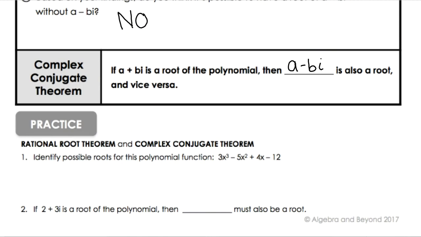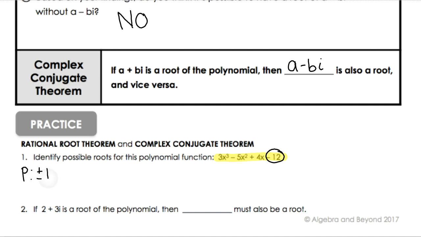So let's look at 2 examples of that here real quick. The first one says identify the possible roots of this polynomial. So this is where your rational root theorem comes in. Remember, for the rational root theorem, we're going to take the factors of negative 12. So let's write those out.